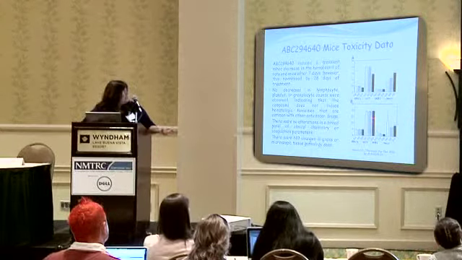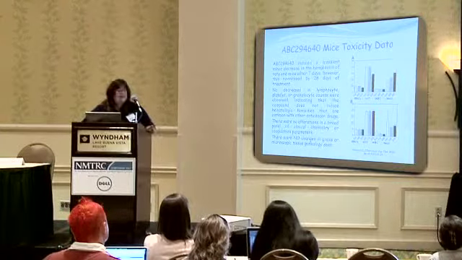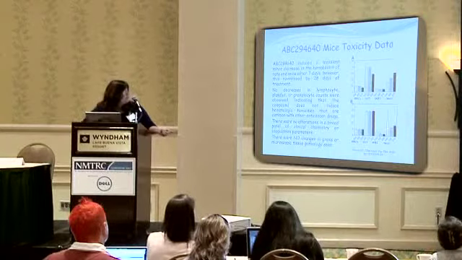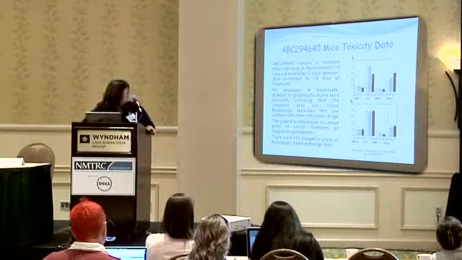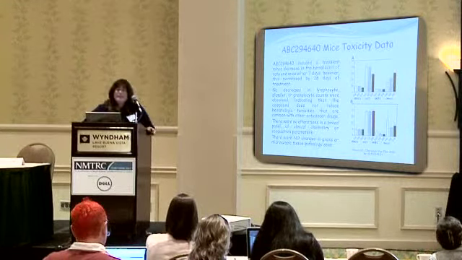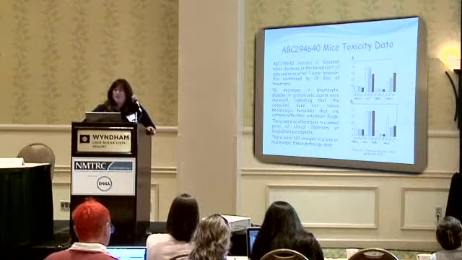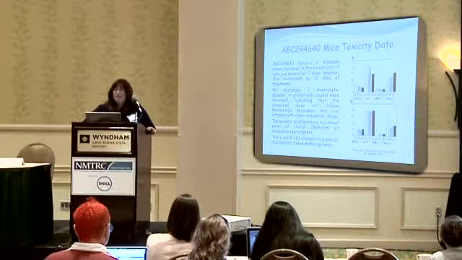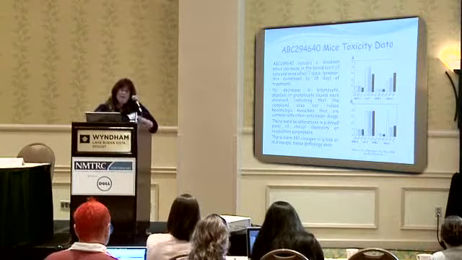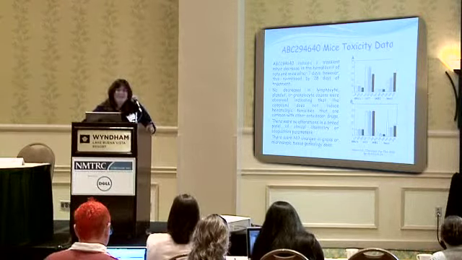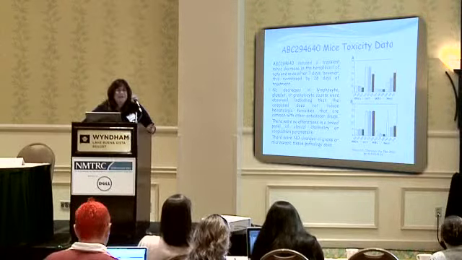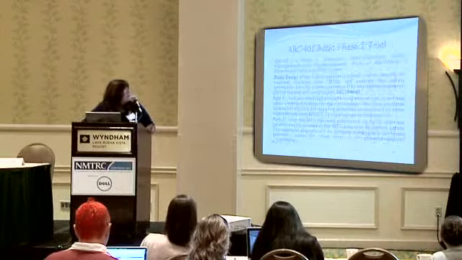At 28 days, the drop in hematocrit had resolved, and the neutrophil count had stabilized. He didn't see any liver toxicity by CMP, any renal toxicity, and when they looked at autopsies or necropsies of mice, they didn't see any damage to any of the organs as well. So we were very excited about this compound.